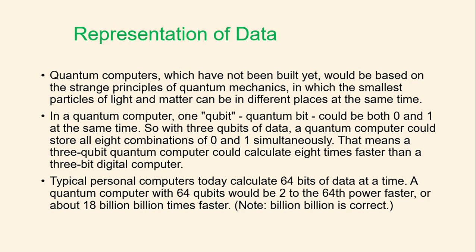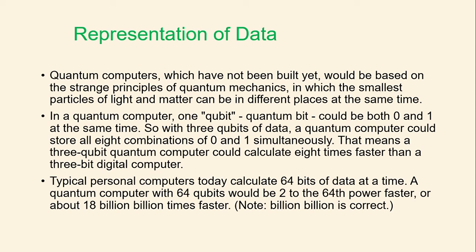So how do we represent data in quantum computers? Quantum computers, which have not been built yet, would be based on the strange principles of quantum mechanics, in which the smallest particles of light and matter can be in different states at the same time. In a quantum computer, one qubit could be both 0 and 1 at the same time. So with 3 qubits of data, a quantum computer could store all 8 combinations of 0 and 1 simultaneously.